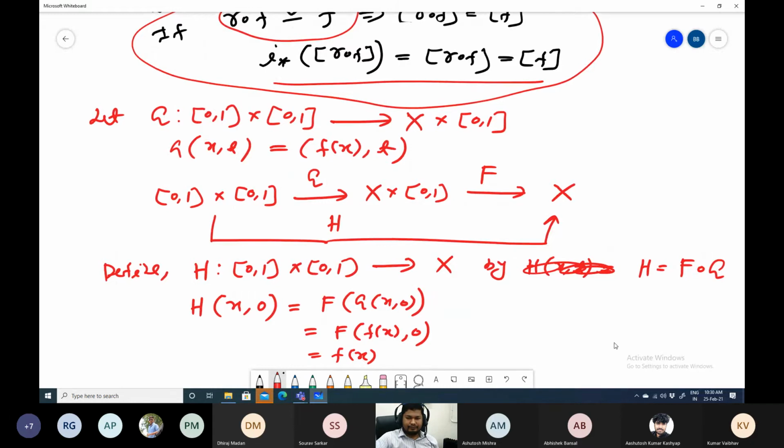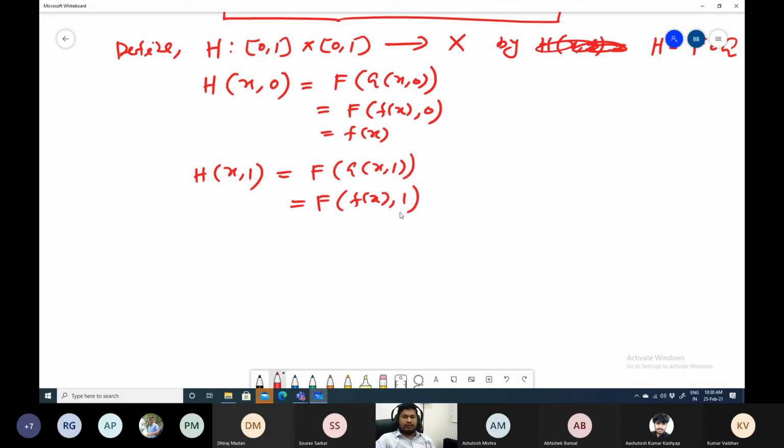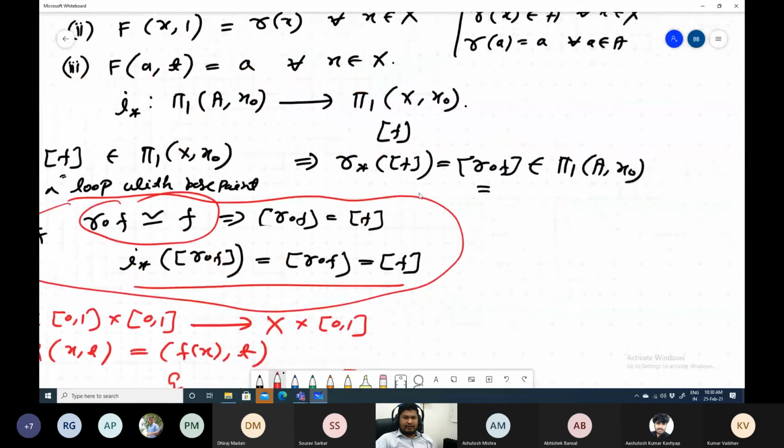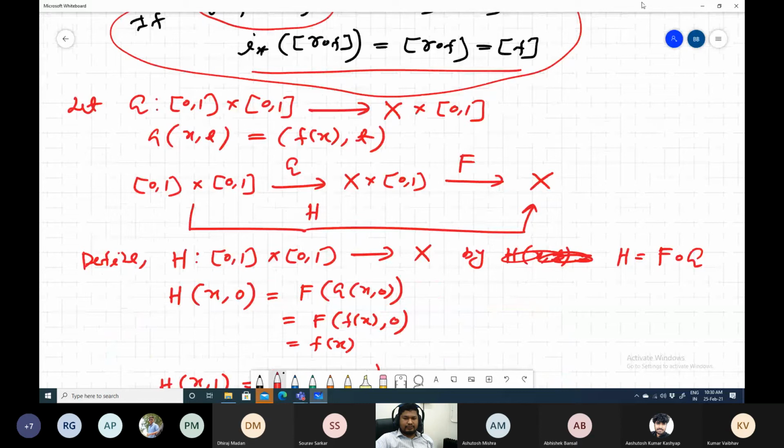Now what will be H of (x, 1)? That will be F of G of (x, 1), which is F of (f x, 1). Now what is F of (f x, 1)? See the map, F of (x, 1) is R x. So therefore F of (f x, 1) is R of f x.